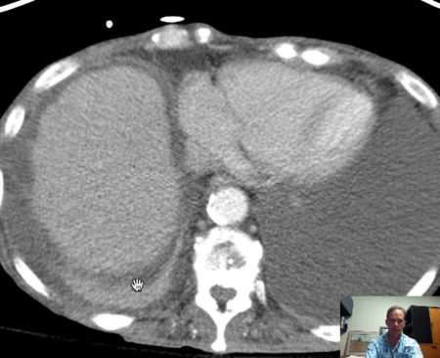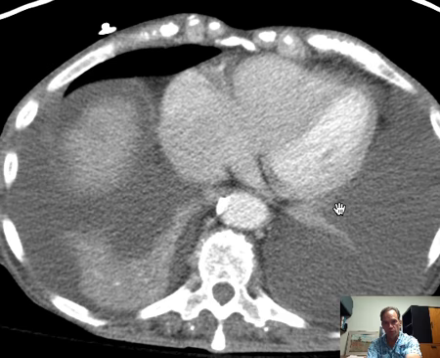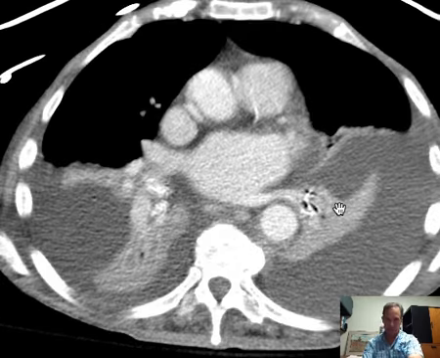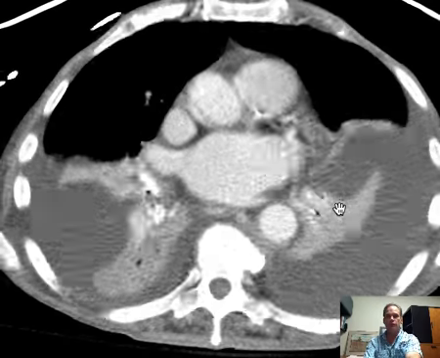So that's what fits down in here in the posterior costophrenic recess. This side has more fluid, and so this lower lobe, on the left, is more fully atelectatic, more fully collapsed. So those are the lower lobes.